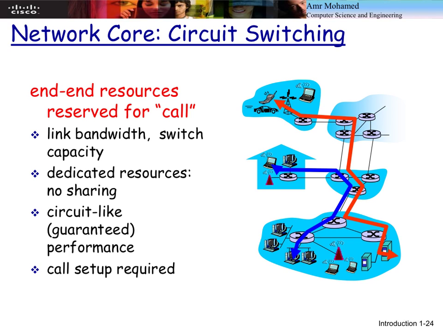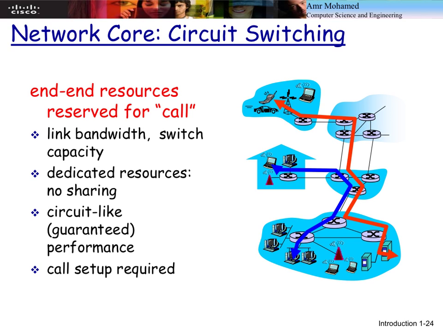Of course, that pipe here is virtual, is logical, not an actual physical pipe. A pipe here means that there is a specific data rate that gets guaranteed on every single router that the call passes through. And this virtual circuit will be dedicated and established. Once the call ends, the circuit will get dismantled.